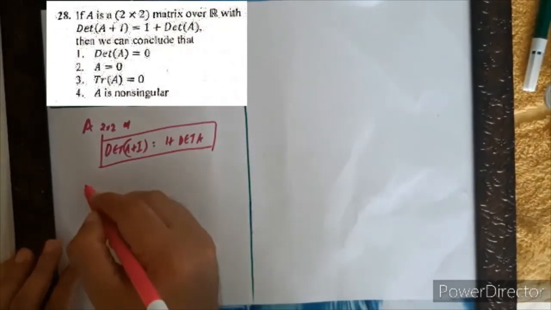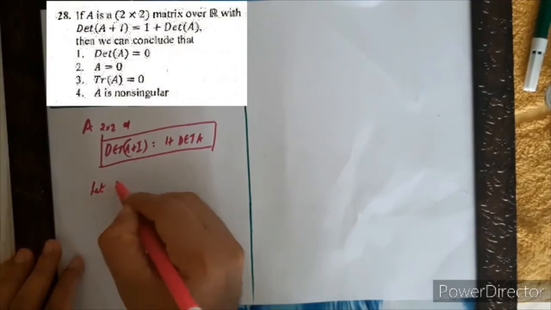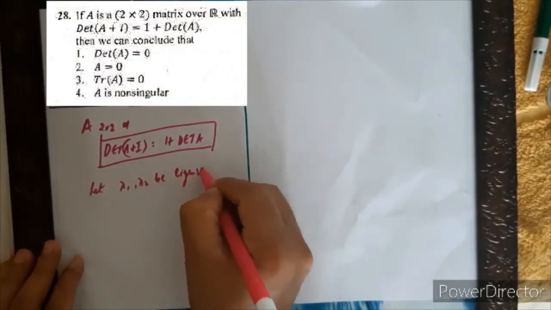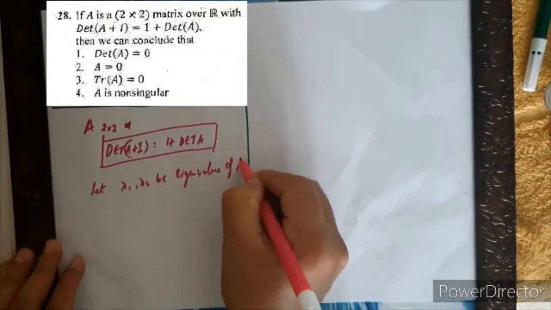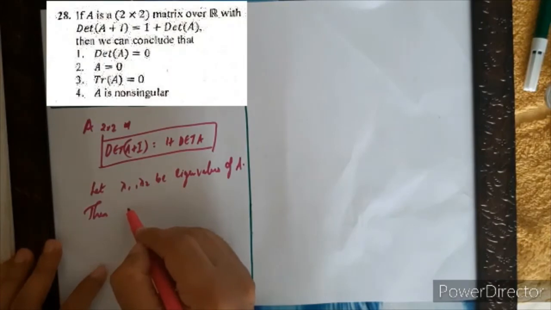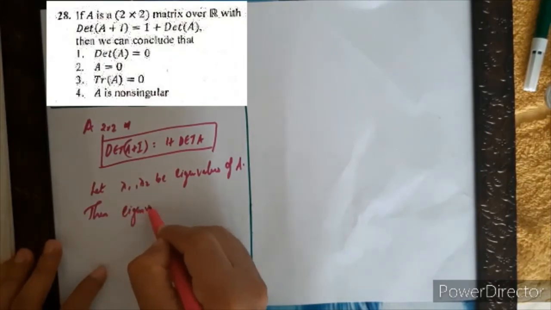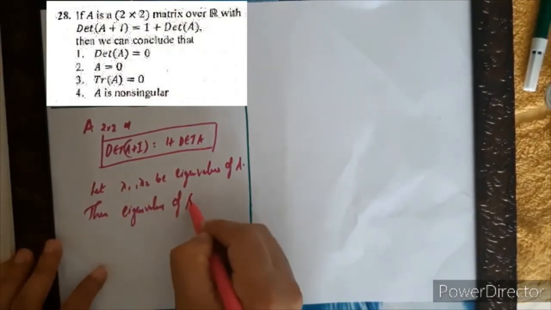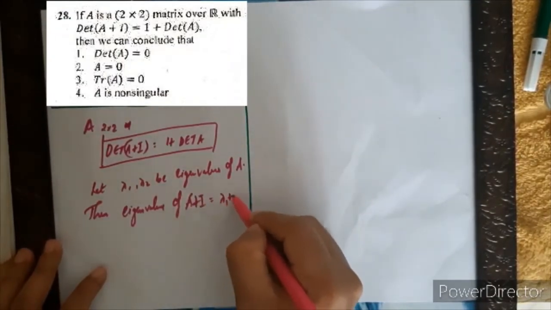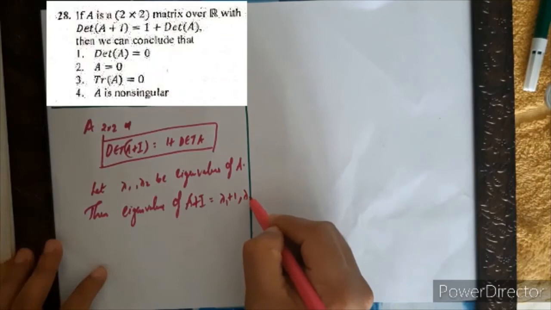So first, let lambda 1, lambda 2 be the eigenvalues of A. Then the eigenvalues of A plus I are lambda 1 plus 1 and lambda 2 plus 1.